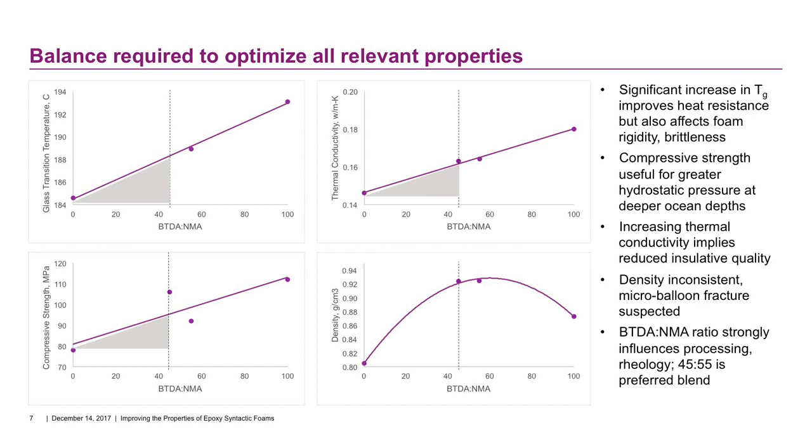The one thing which is not covered here is what is the influence on processing of these blends. The BTDA, as we described, is a solid, the NMA is a liquid. So to put together combinations of the two can result in some type of a nice mixture, which can then be introduced into your resin and your fillers and mix well and give you good homogeneity of the finished composite.